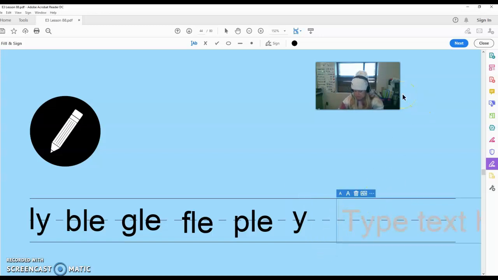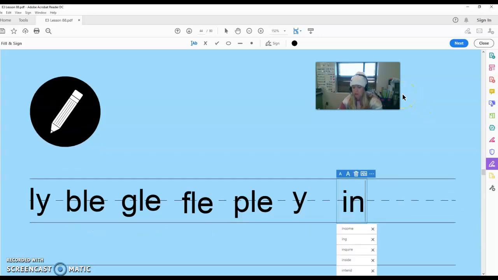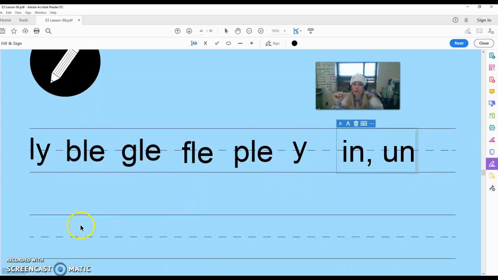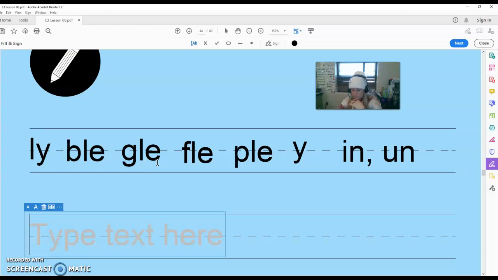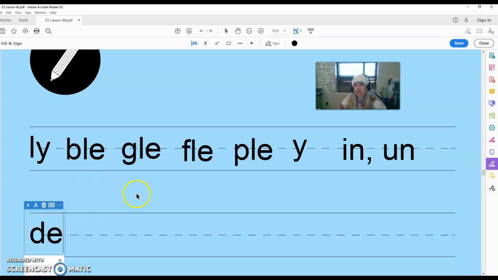So two of them would be in and un. Those both mean not. And then one more prefix that we want to write down is one that means down or away. So what means down or away? That is the prefix, so at the beginning of the word, D.